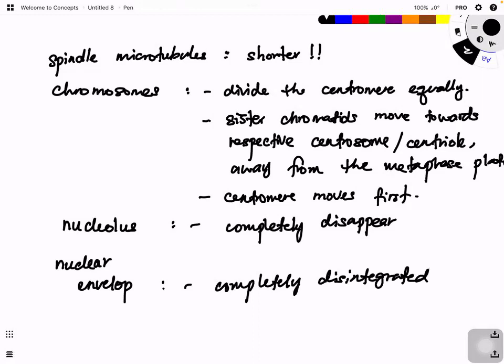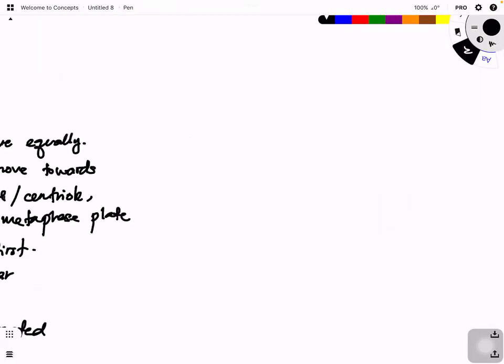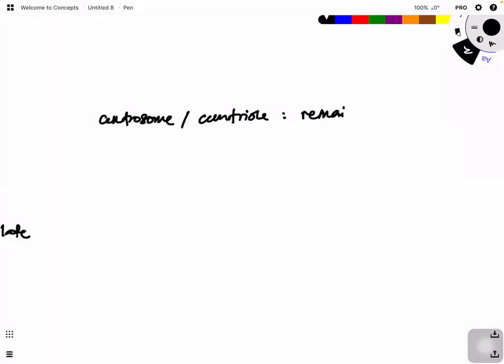The nucleolus has already disappeared and the nuclear envelope is already completely disintegrated. The centrosome or centriole still remains at the opposite poles.